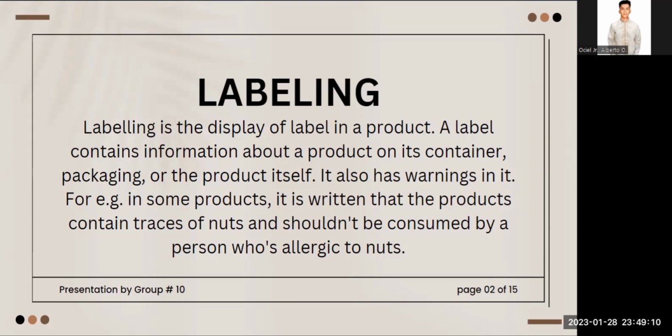So, next one is the content or ingredients of our product. Siyempre 'di ba, kapag bibili ka, bilang matalinong mamimili, ang gagawin mo is tinitingnan muna yung mga ingredients ng product.